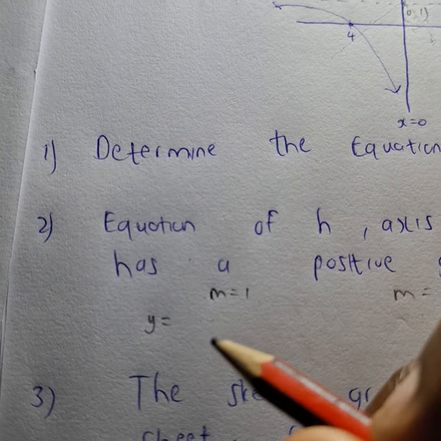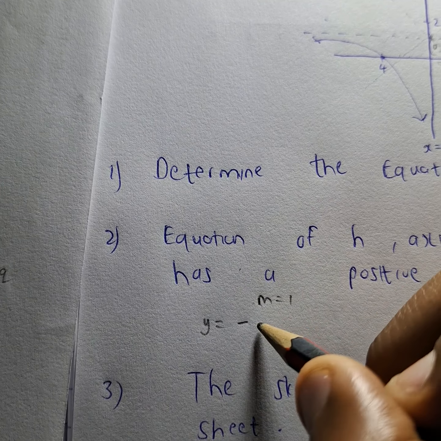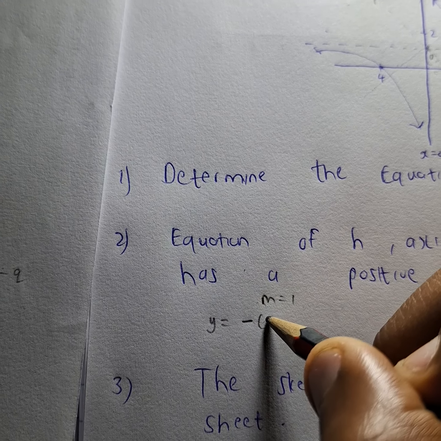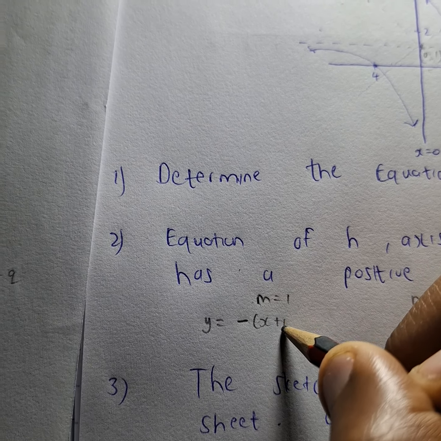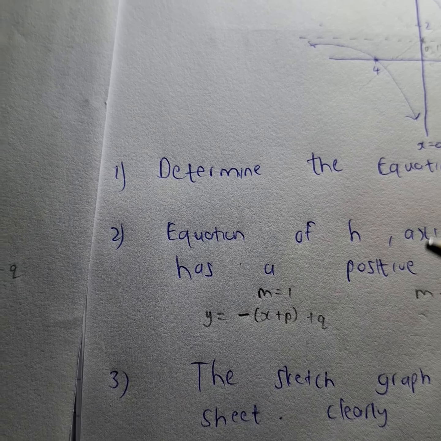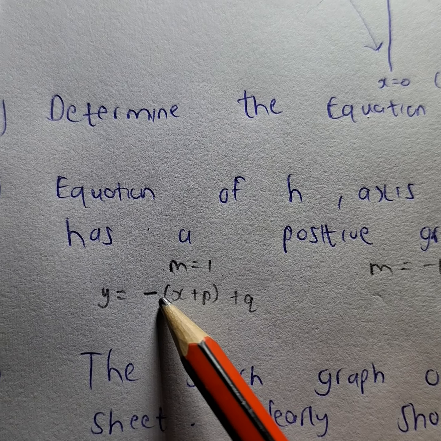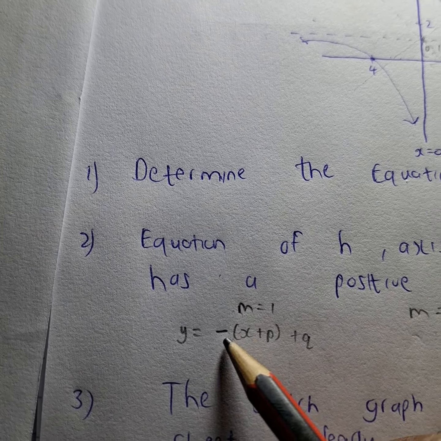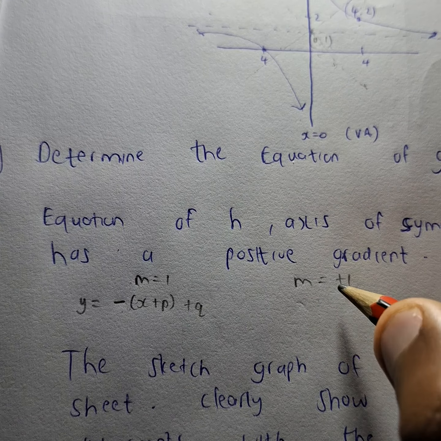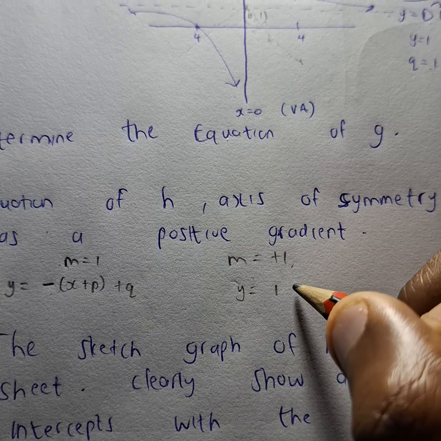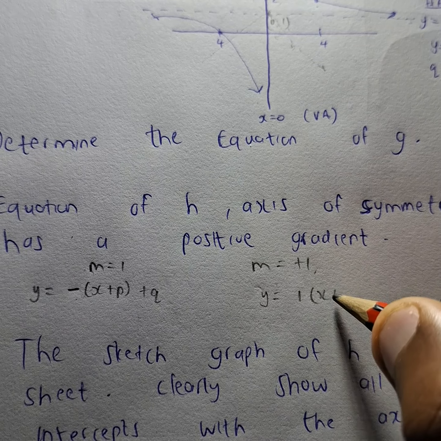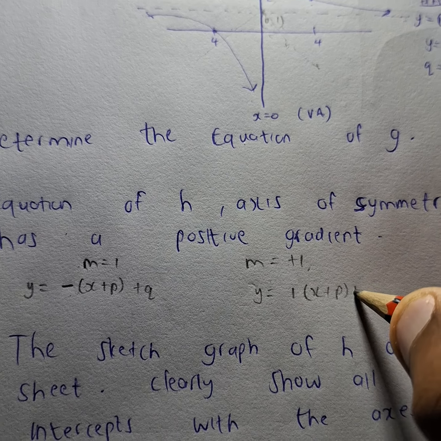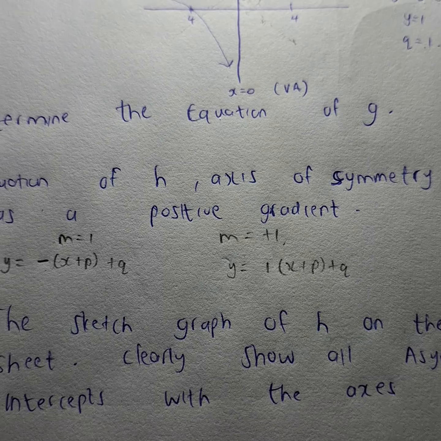the form y is equal to negative, right? Now we say x plus p plus q, with the gradient being negative, so we write -1. If it is the negative gradient, we write -1, and we write +1 if it is the positive gradient axis of symmetry.